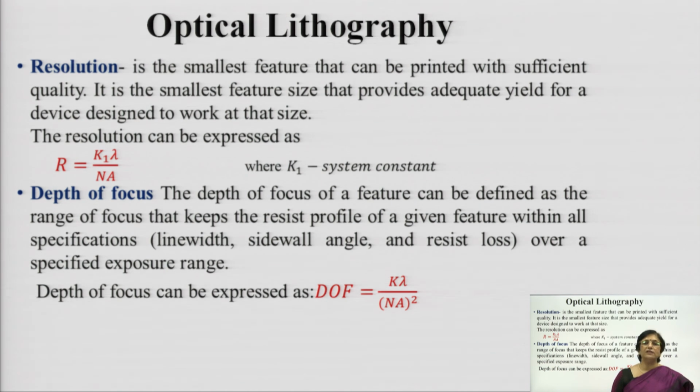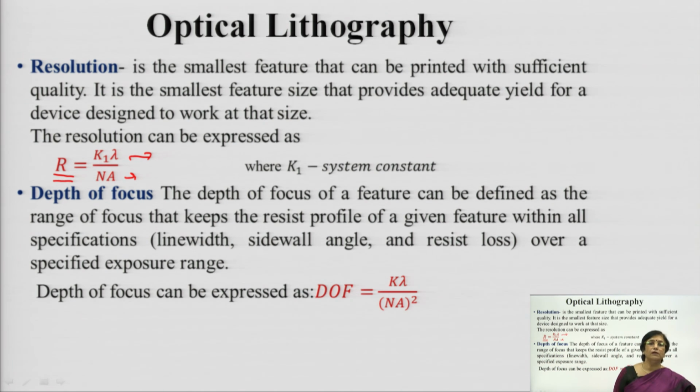The resolution is basically the ability to transfer the pattern effectively and accurately, and it is given by the equation k1 into lambda divided by NA, where NA is the numerical aperture, lambda is the wavelength, and k1 is the system constant. Now, this system constant depends on multiple factors, you need not get into the details of it, but this is the resolution we are concerned with.